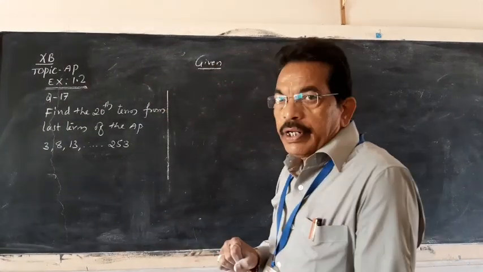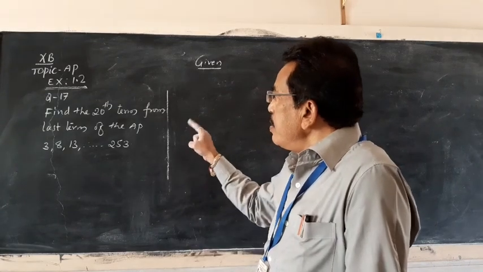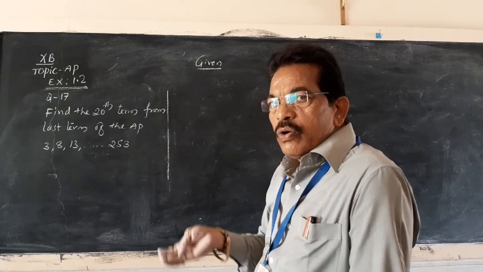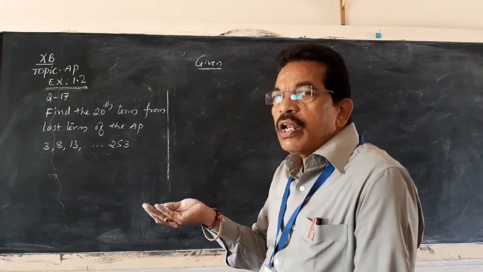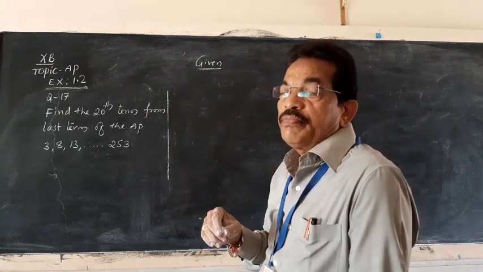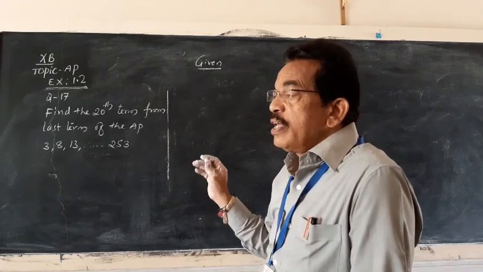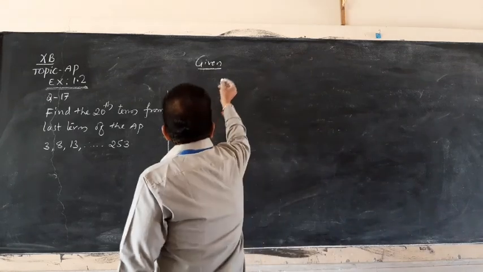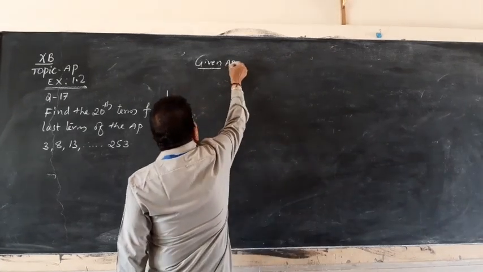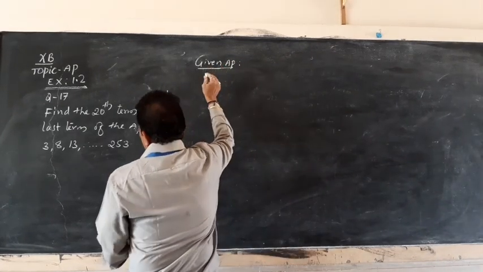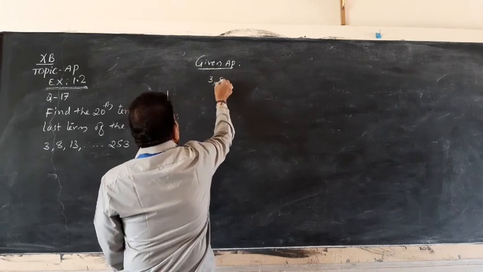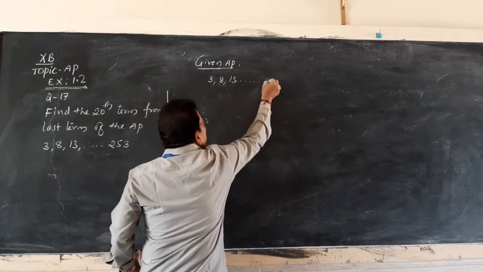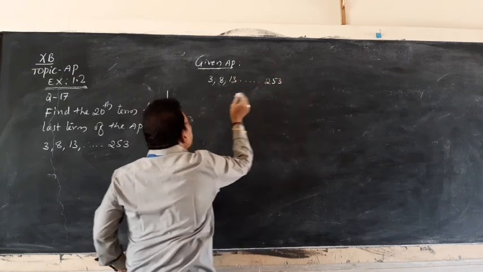Question number 17. Find the 20th term from the last term. That means we have to consider the last term as the first term. Before that, let us find the common difference of the given AP: 3, 8, 13, ..., 253.